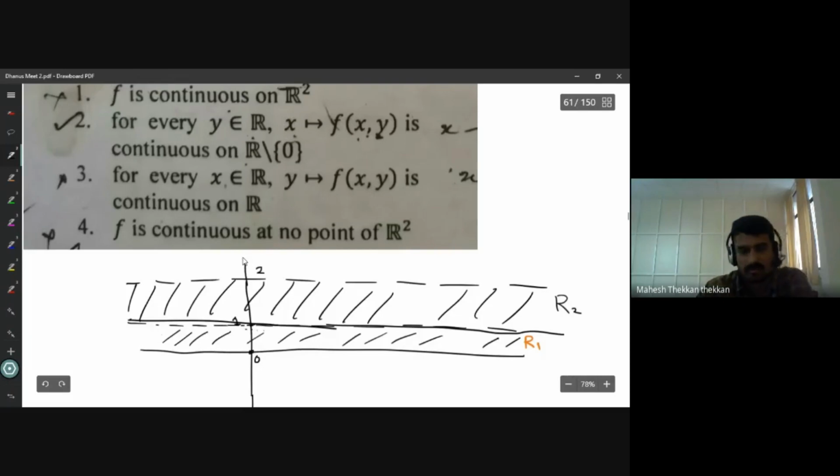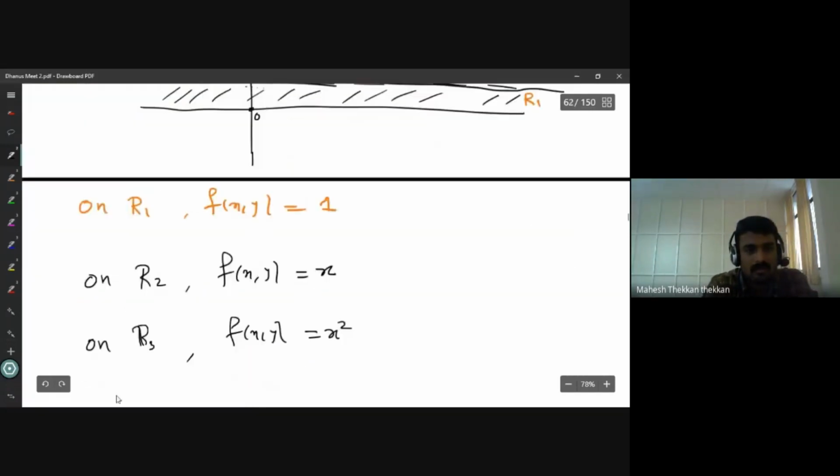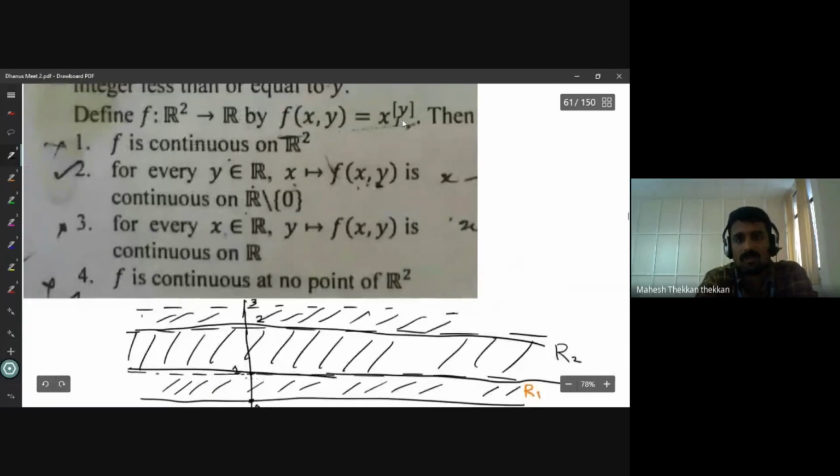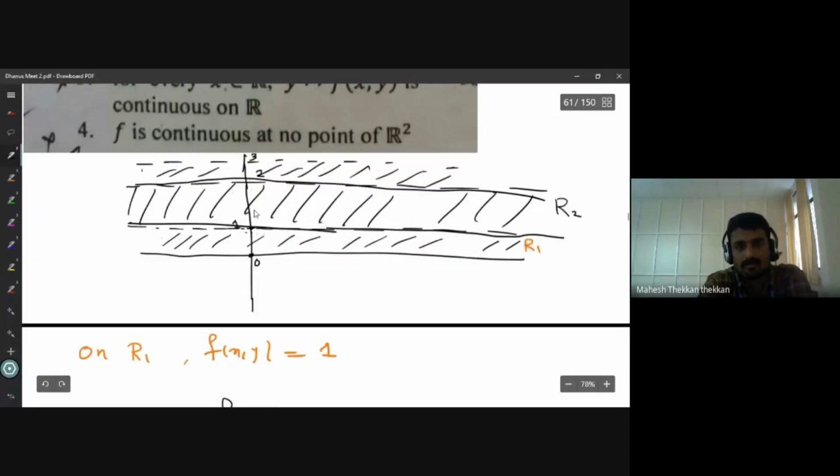If you want, I can draw these portions. This side is open, 3 is open, and this portion I will include. So this region I am talking about. What about the function value? It is x square, right? Because the integer part of y is 2 there. Here the integer part is 1. Here the integer part is 0.